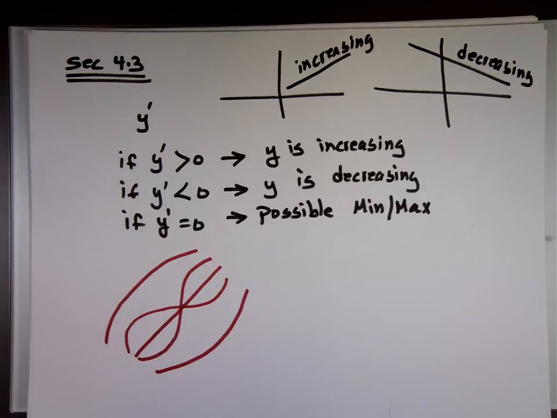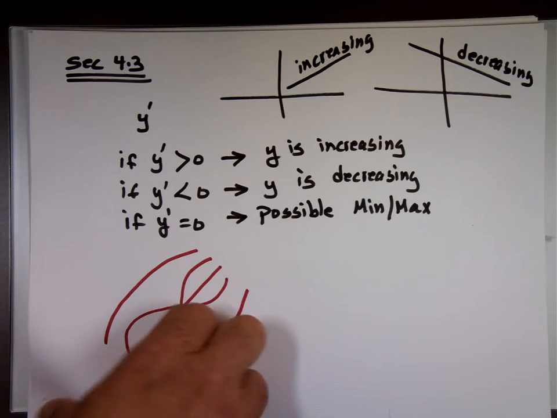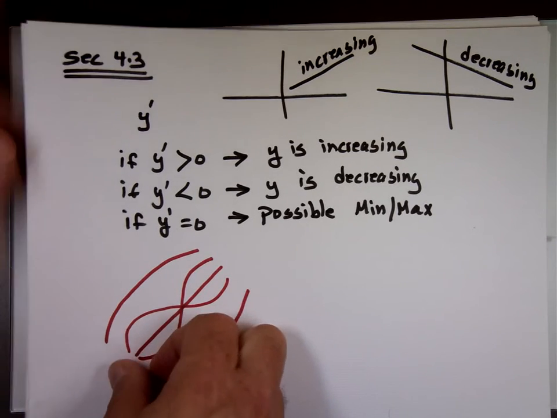And that's where the second derivative comes in. So right now, let me just focus on finding where the derivative is 0, where the function is increasing, where the function is decreasing. That's all I care about for now. Make sense? So that's section 4.3. We'll wait on the how till we get to 4.4.